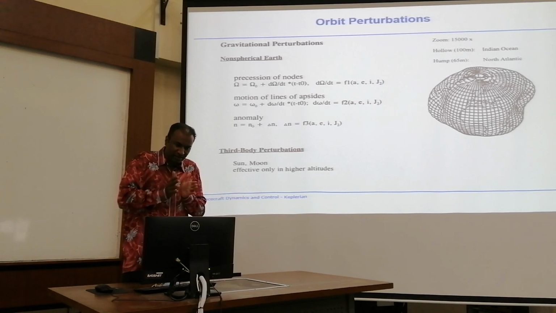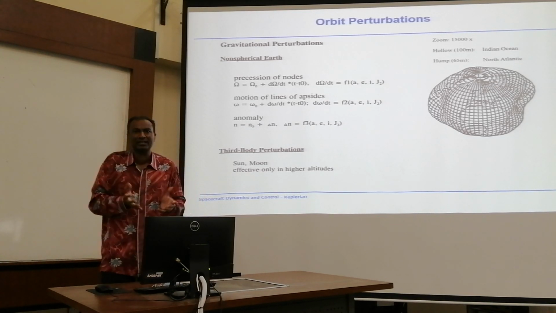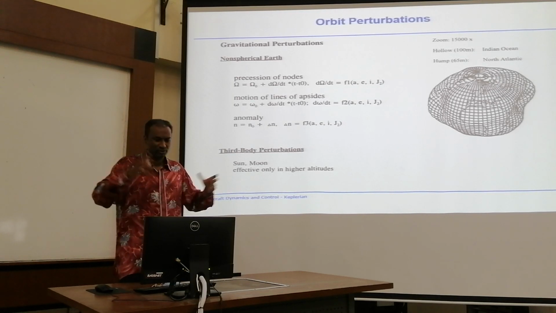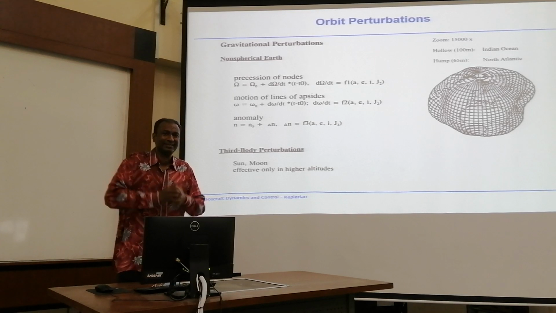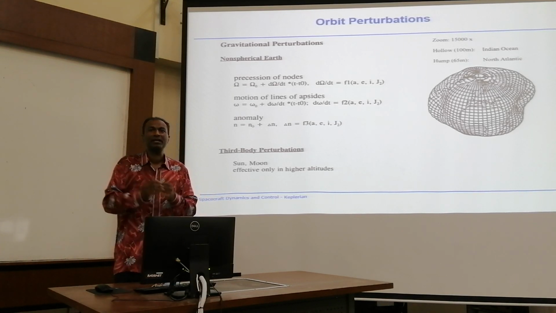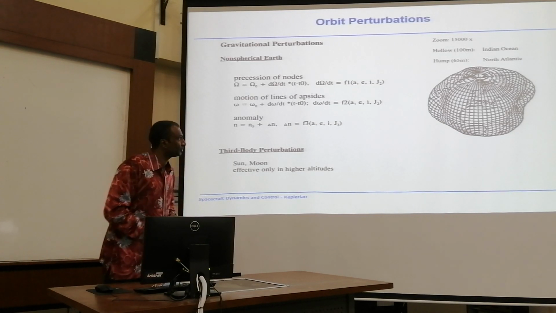So if you fly very close, and your mass is very small, a small satellite, we consider a two-body problem good enough. We don't need a third body problem. So this is very important to see. The further you go out of planet Earth, the third body problem becomes very important.